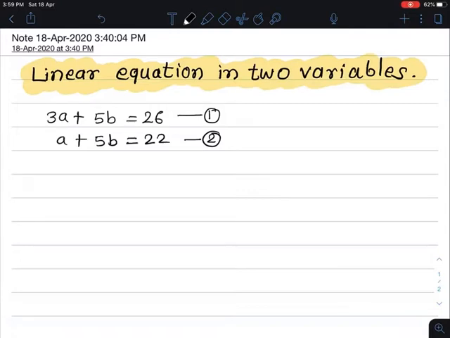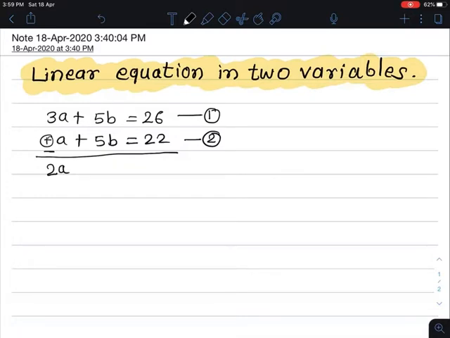If you observe here, the coefficients of a are different but the coefficients of b are the same, though they are not opposite. So we will make them opposite by subtracting. If we subtract the second equation from the first, the plus a becomes minus, so 3a minus 1a is 2a.